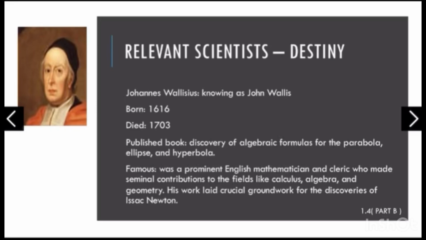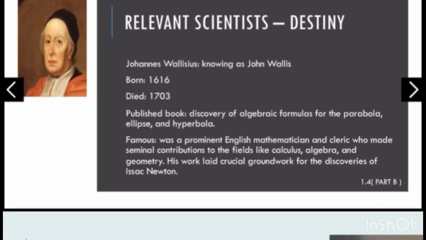And he was a famous English mathematician and cleric who made similar contributions to fields like calculus, algebra, and geometry. His work laid critical groundwork for the discoveries of Isaac Newton.